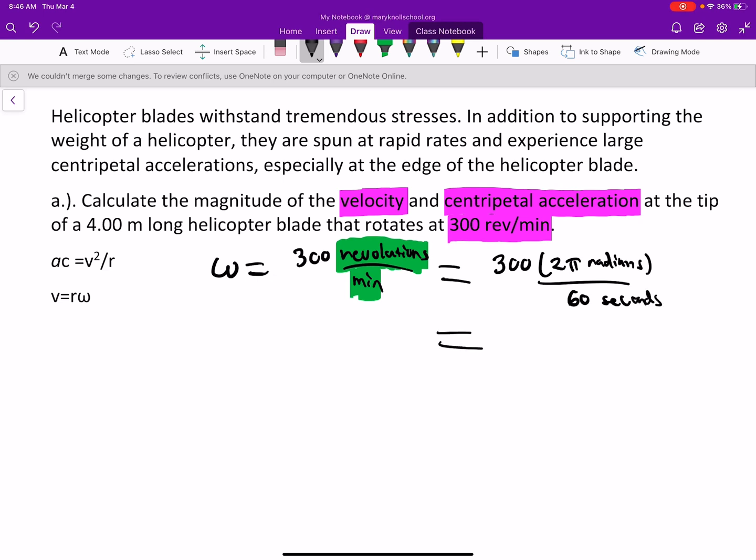All right, now I'm going to go ahead and multiply that out with my calculator. So we get 300 times 6.28, and we get 1,884. All right, and then divide it by 60.